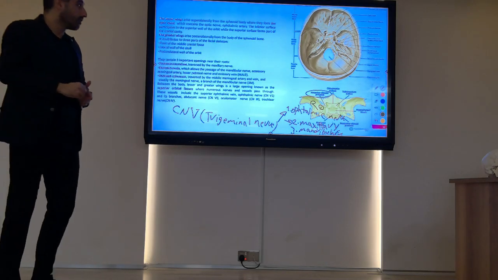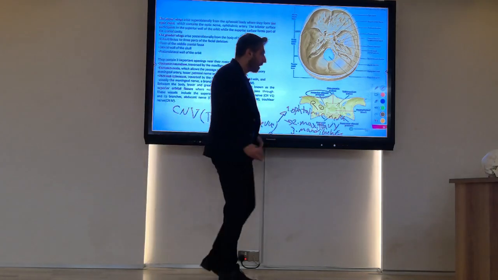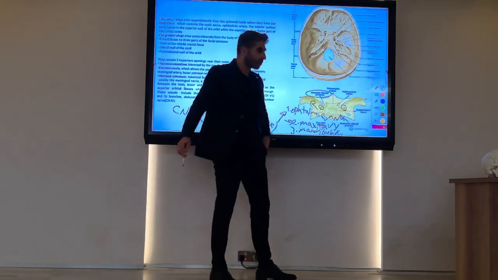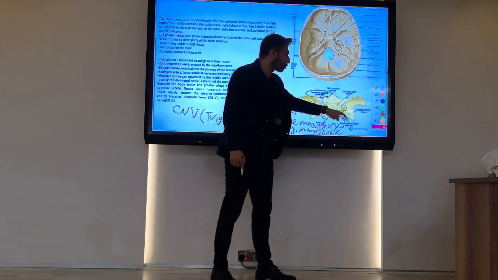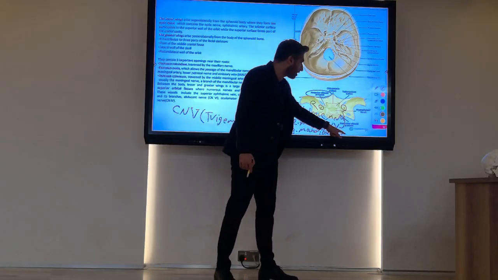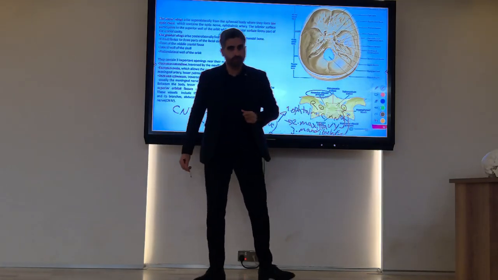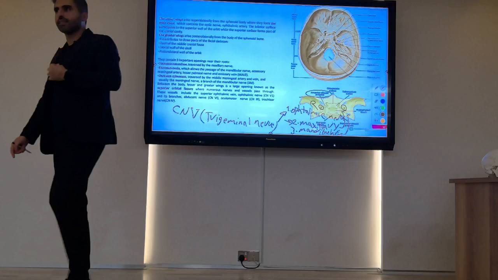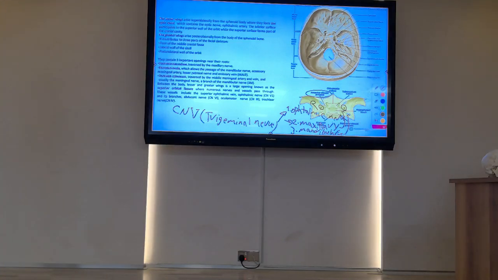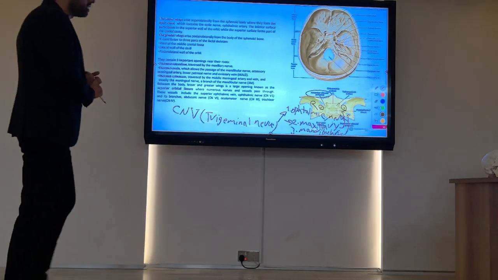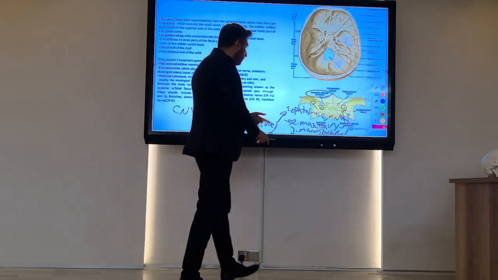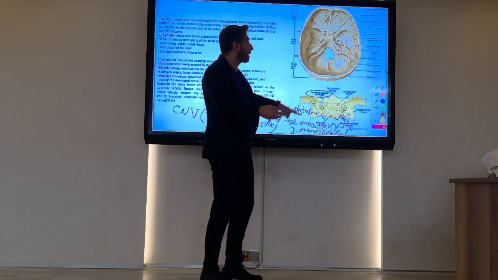So look at here. The maxillary nerve passes through the foramen rotundum. The mandibular nerve passes through the foramen oval. What about ophthalmic? Ophthalmic is the first branch.